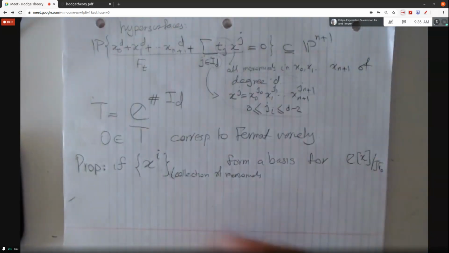Well, actually, in the Fermat case, I can write this down explicitly. Let me see what I am going to do.